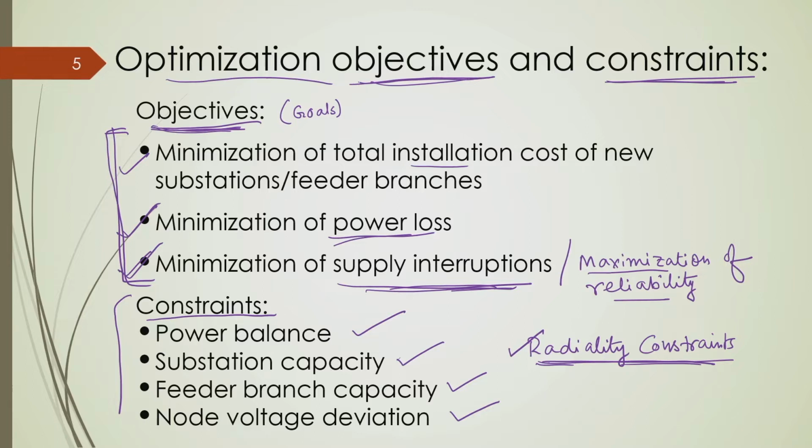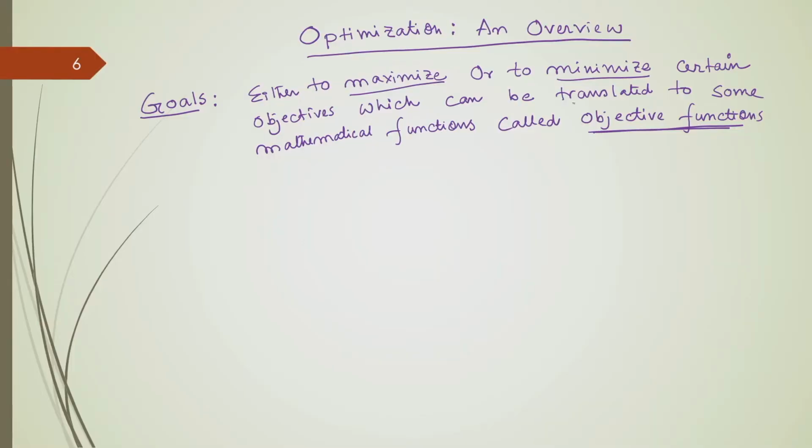When we represent them as mathematical functions, we call them objective functions. This translation of different objectives into mathematical functions is called formulation of an objective function.